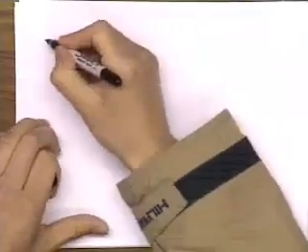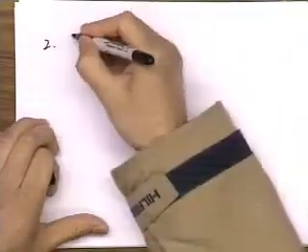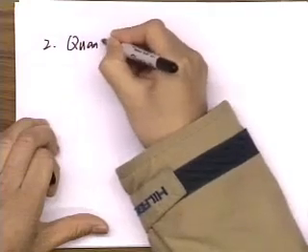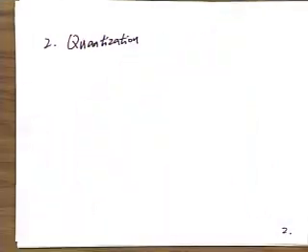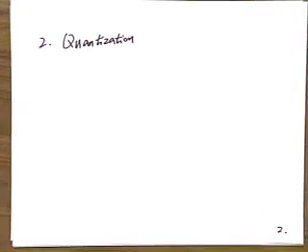The second component of an image coding system is the quantization. The problem that quantization tries to solve is how to assign the reconstruction level to each value.